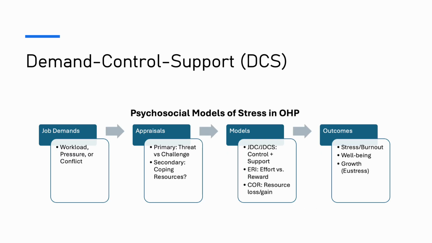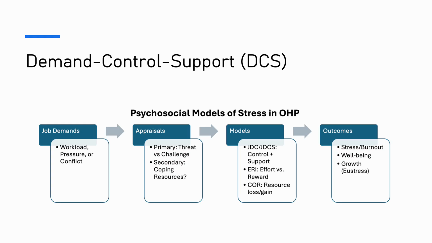Job demands are the psychological, physical, or emotional requirements of a job that require constant effort and attention. Depending on the amount of control employees have at work will determine how effective they perform and the amount of stress they feel.